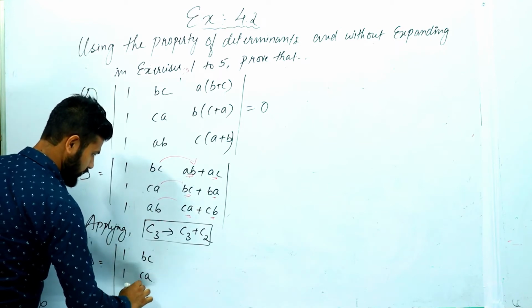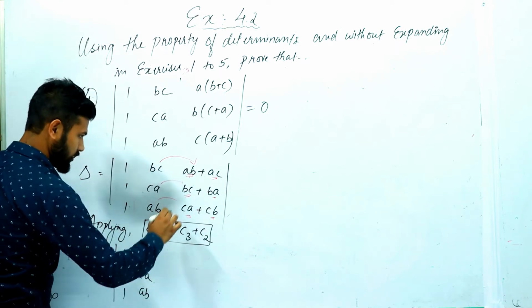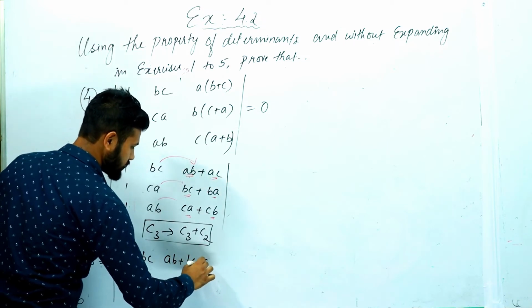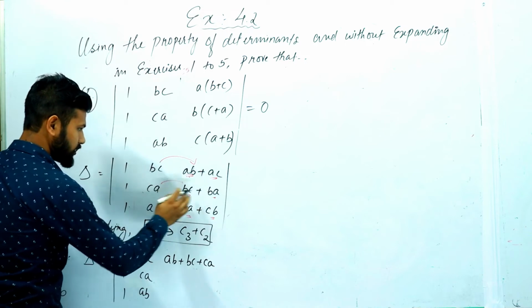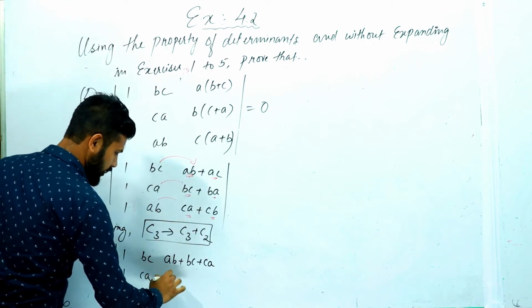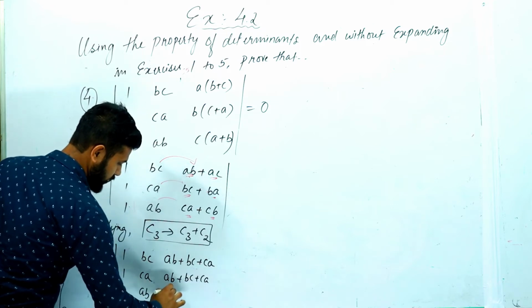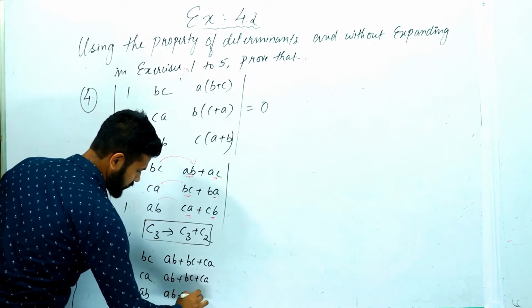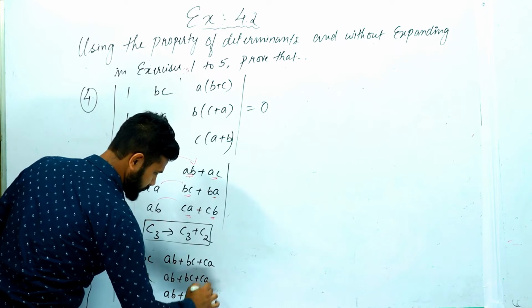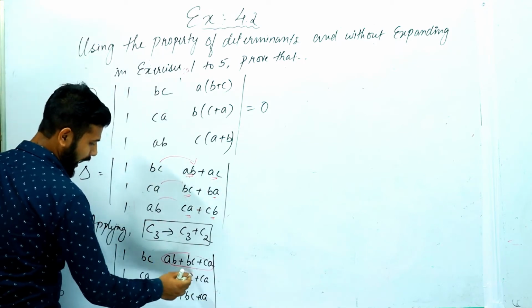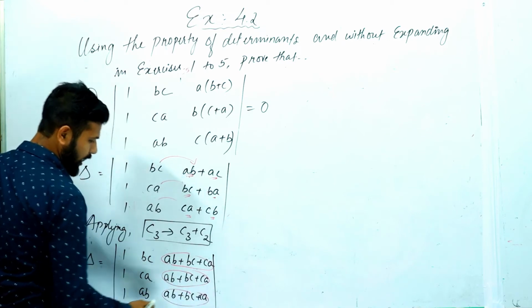BC, CA, AB, and here is AB, BC, CA. Wow, same thing: AB, BC, CA; AB, BC, CA. Here also AB, BC, CA. So you can see these three elements of column 3 are same.